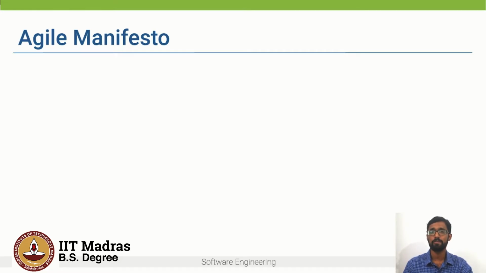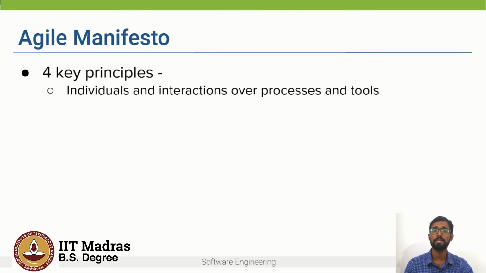The Agile Manifesto is built on 4 key principles. One, it emphasizes individuals and interactions over processes and tools. Although processes and tools are important, it emphasizes interactions between individuals in the development team as well as with the clients.